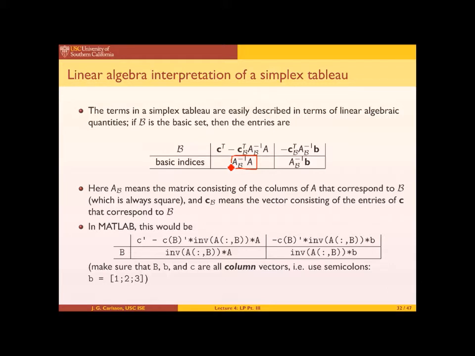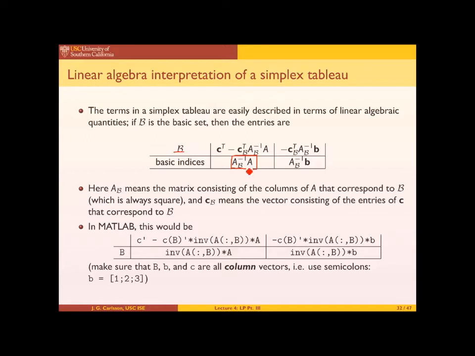I'm going to show you here how to reconstruct a simplex tableau if you have MATLAB in front of you and you know what the basic variables are. I'm using a shorthand here. You're seeing a script B pop up as a subscript for some of these quantities.